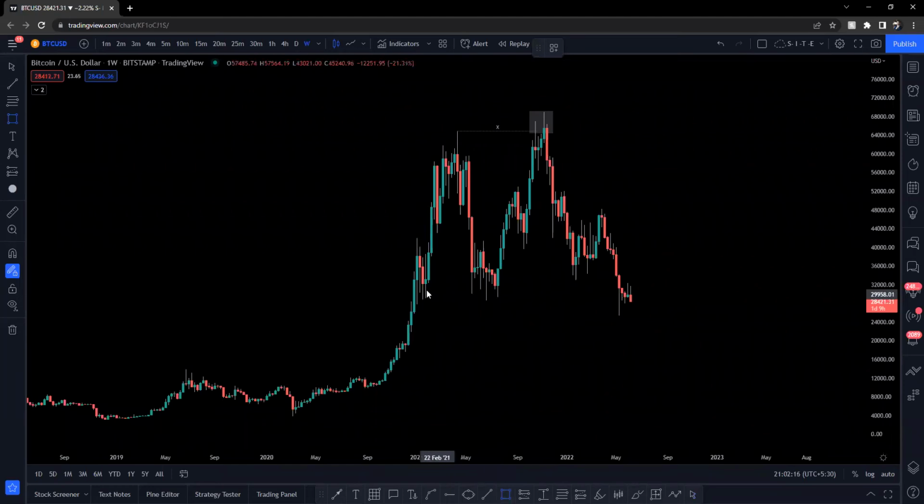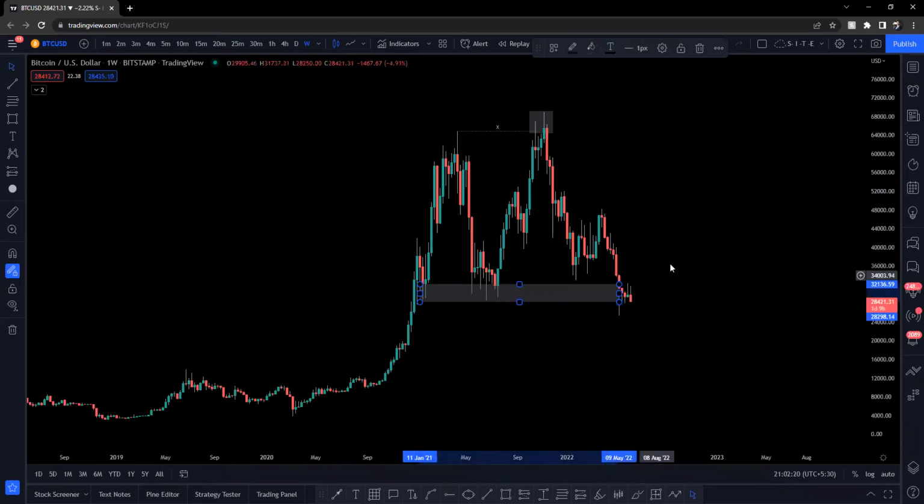But if you can see here, this is a demand. No, actually this is a liquidity trap, and everyone buying here is putting a stop loss just below it. That's why the market is bleeding, pushing downside, and then probably goes higher.